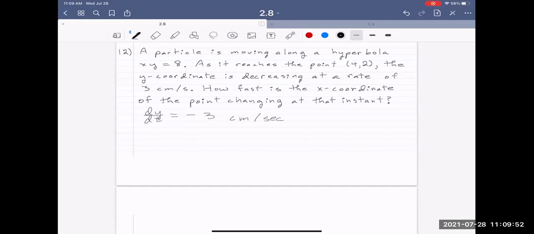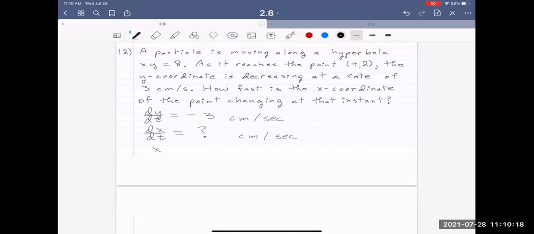And we want to figure out how fast the x-coordinate is changing at that moment, when we are at the point 4, 2.